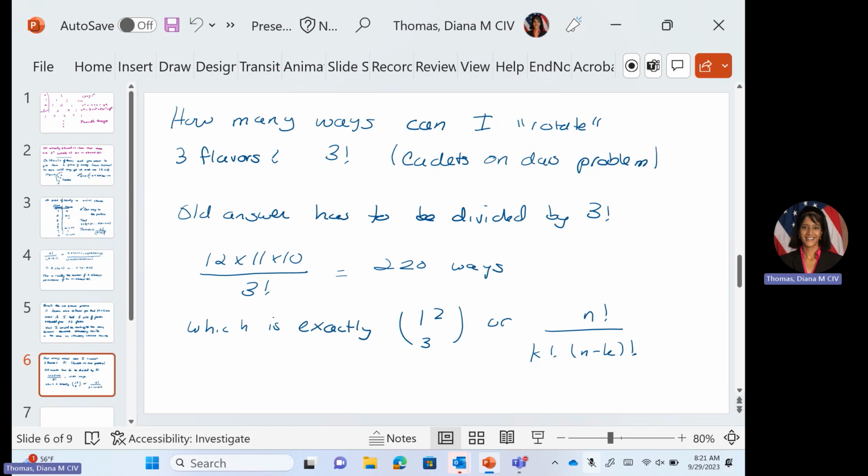Okay, any questions on this? It's called choose because we're choosing 3. That's the reason they call this n choose k. The n would be the top, how many things you have in the original set, and the k on the bottom would be how many smaller subsets you're making out of that original.